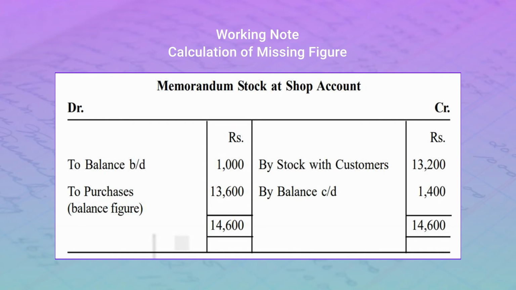Therefore, the total amount was 17,600, as it has already been mentioned here in the hire purchase trading account. 4,400 was the amount of loading. So total it is 14,600. Here this is the balancing figure, to purchase balancing figure 13,600. This is the total 14,600. If we subtract this rupees 1,000 out of this 14,600, the balance will come to 13,600.